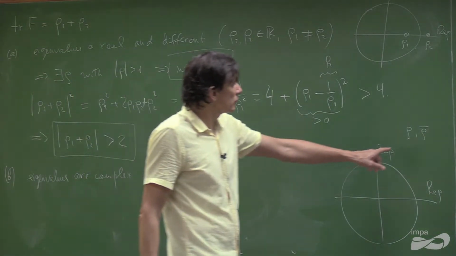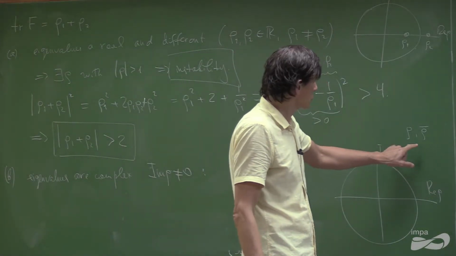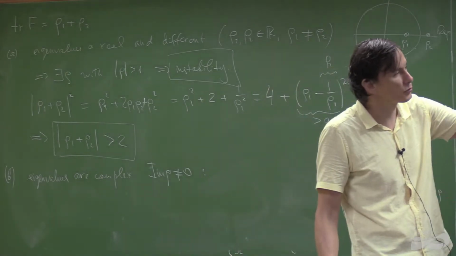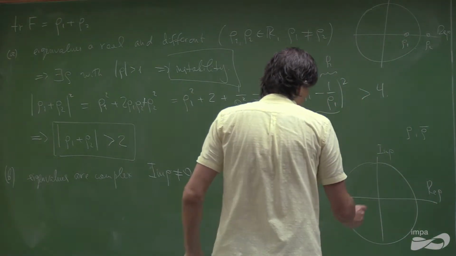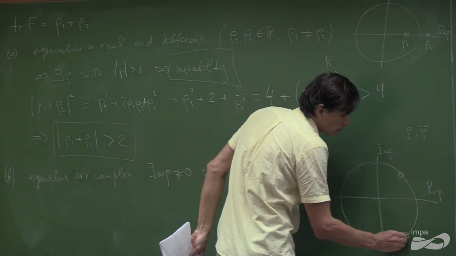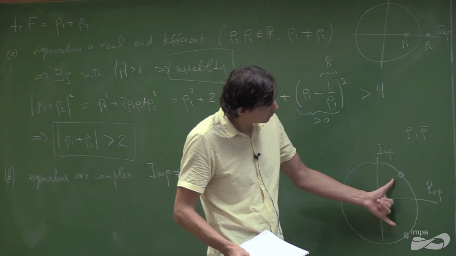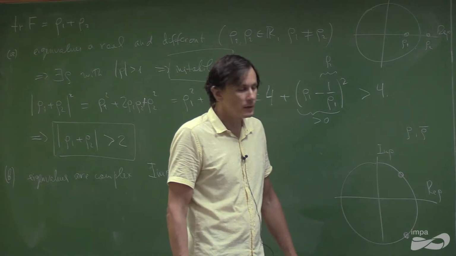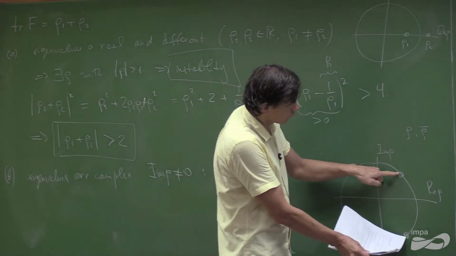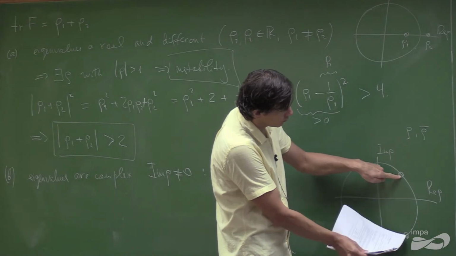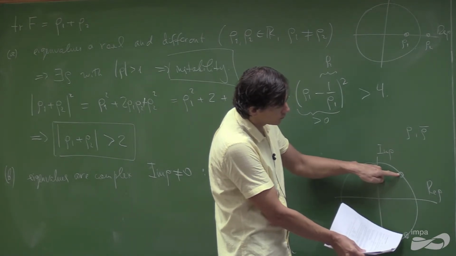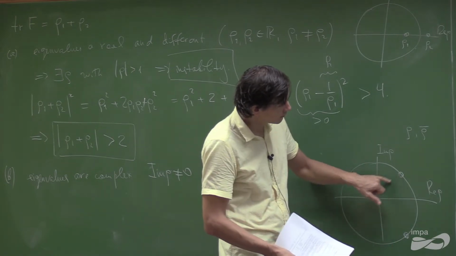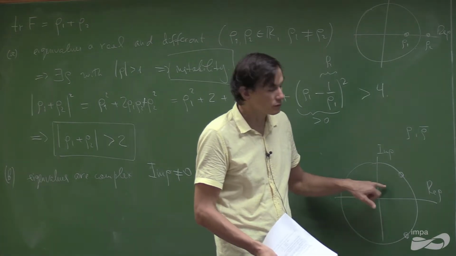At the same time, one is 1 divided by another. So you can see that the only situation where they can be conjugated and also one should be the inverse of the other is when they are exactly on the unit circle. See, any pair on the unit circle, their product gives you 1. Because the product of two complex conjugated numbers is a product of absolute values, which is 1, and then you add the phases, which are opposite. So it gives you also 1.